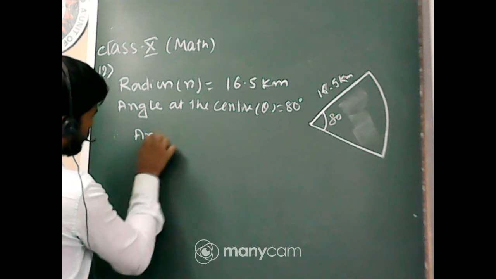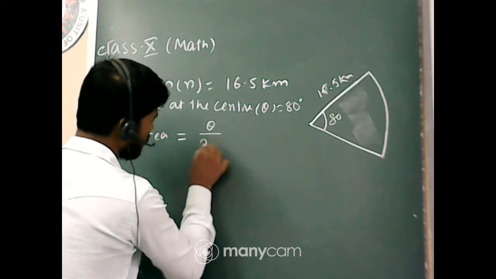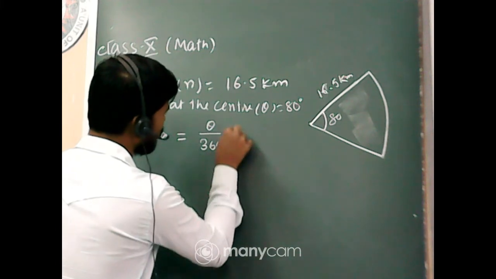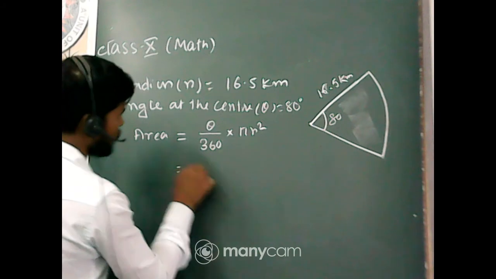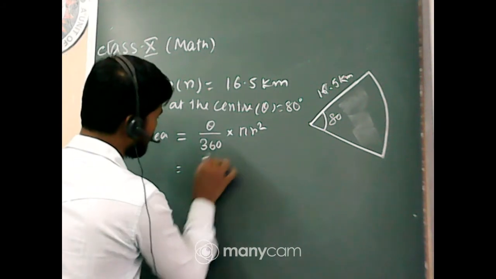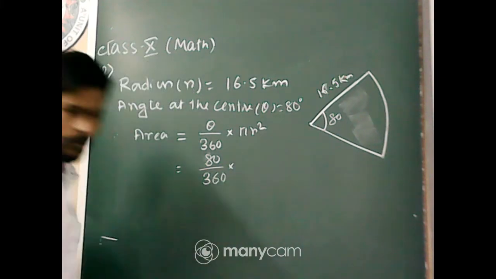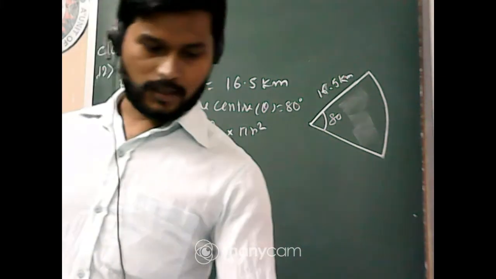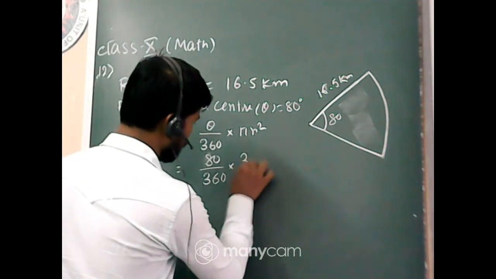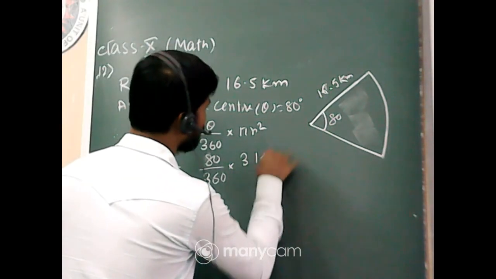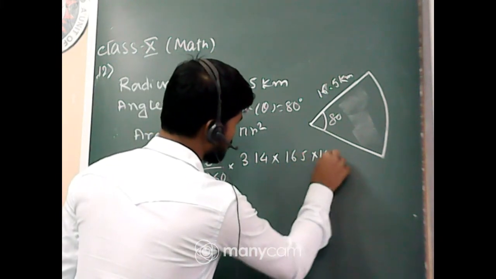Therefore the area of the sector is equal to theta by 360 degree into pi r square. That means 80 degree by 360 degree into pi. Is any value of pi given? Yes, pi is equal to 3.14. So 3.14 into r square, which means 16.5 into 16.5.